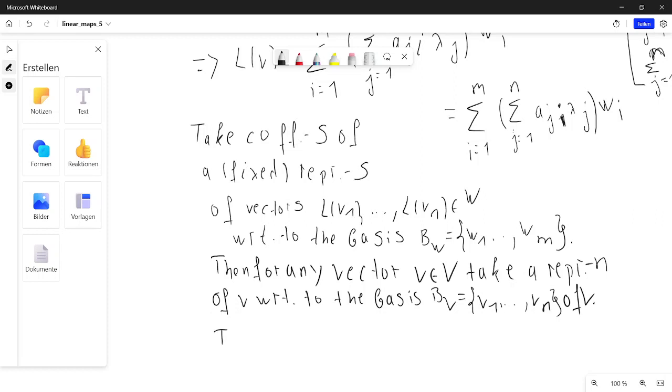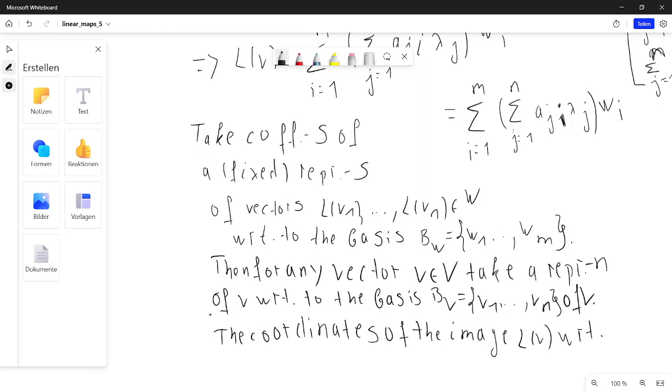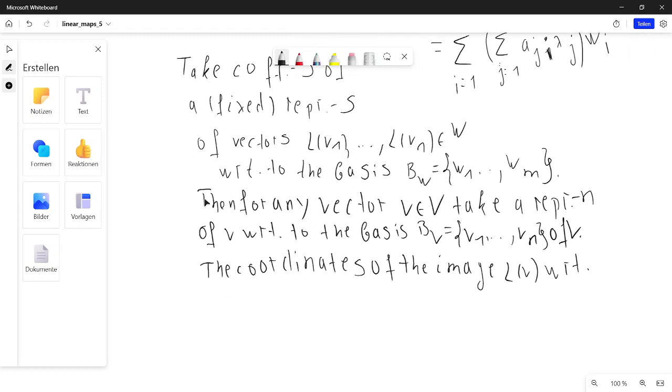The coordinates of the image L of V, with respect to... and this is just for any vector V we have taken in V, right?